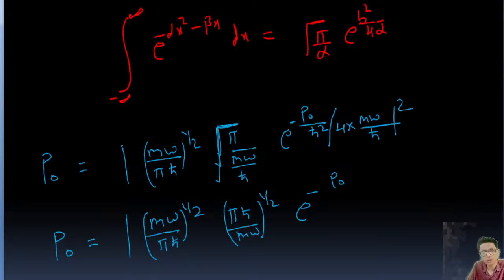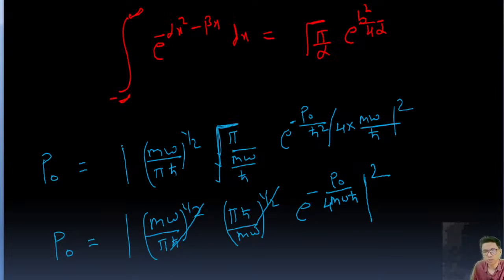P naught upon, h cut will get cancelled, m omega h cut, and the 4 is also there. This mod square will get cancelled because this is m omega upon pi h cut, this is pi h cut upon m omega, and the power is the same.